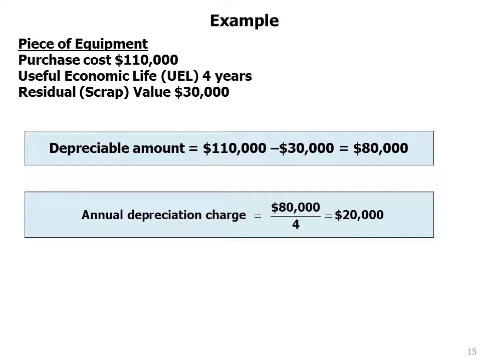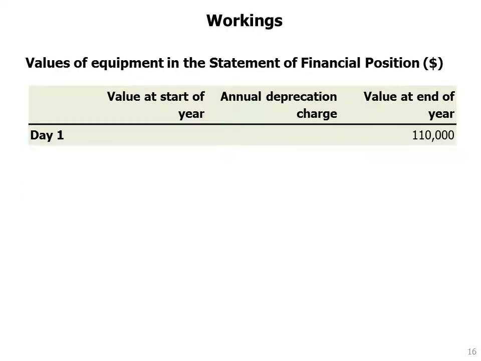And let's now apply this. So now we have the charge. Let's look at how this affects the values of the equipment in the statement of financial position. So the value at the time of purchase, the purchase cost $110,000, and that's the value that will appear in the statement of financial position.